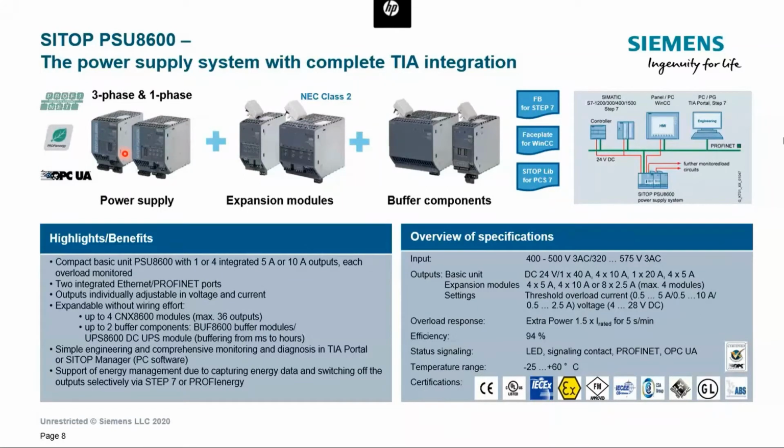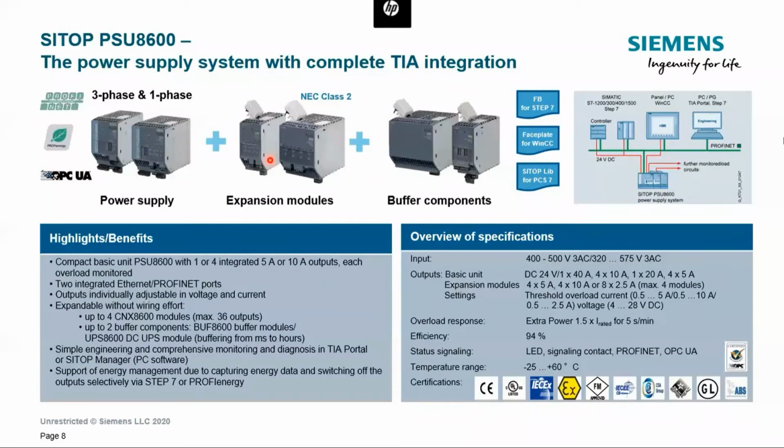Instead of having 5 or 10 power supplies supplying different subsystems, you can have one power supply system centralized, supplying all the subsystems. As we can see, this can have up to 4 output channels, where you can control how much current you want out of it. You can also expand it to have more channels.